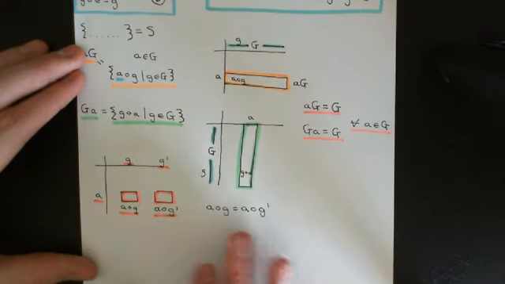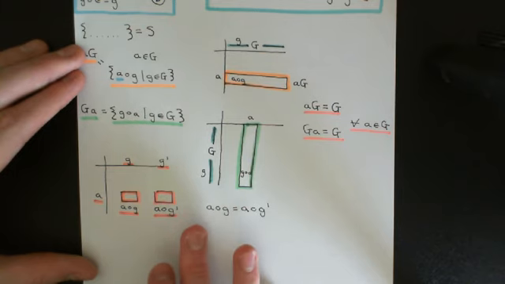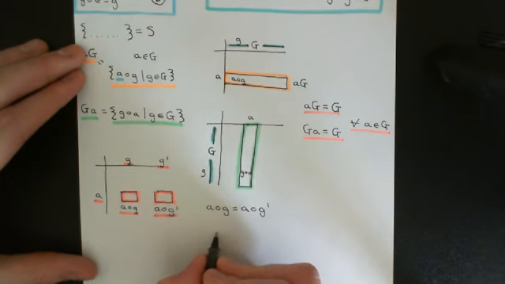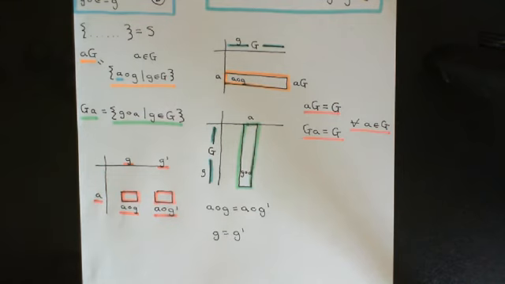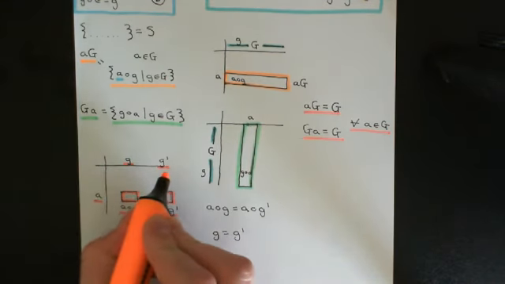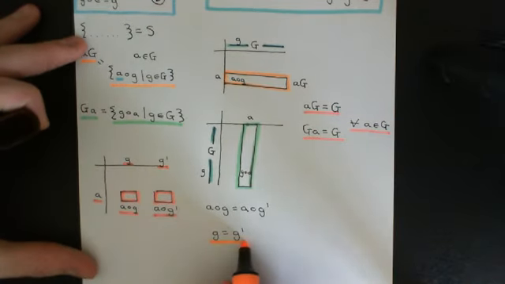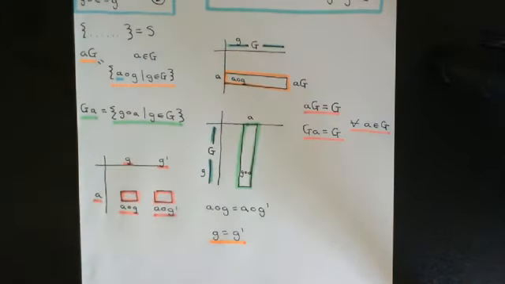Well, what we can now do is compose on the left by a inverse. So let's multiply both sides by a inverse, and of course the a cancels. Now what we end up getting is that g is equal to g prime. Now that's utter rubbish, because we assumed that g and g prime were distinct elements in the group, and now we've just proven that they're the same element. So that's a contradiction.